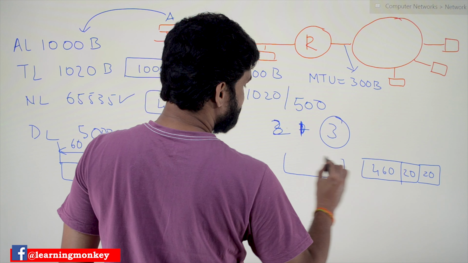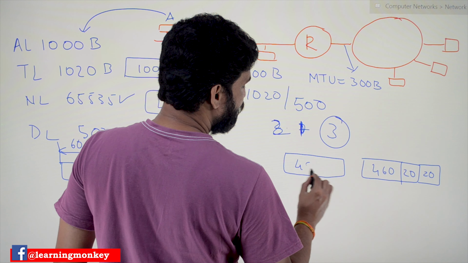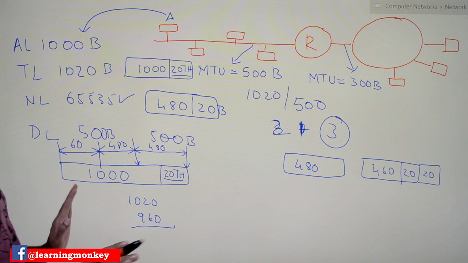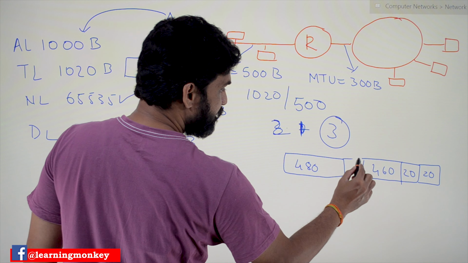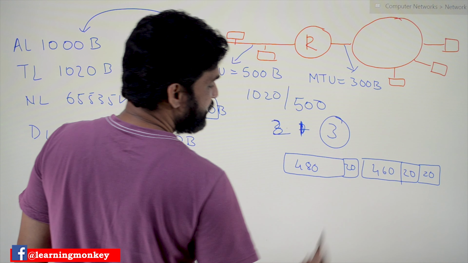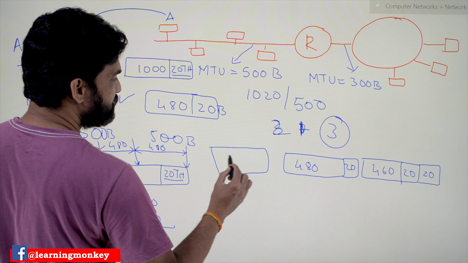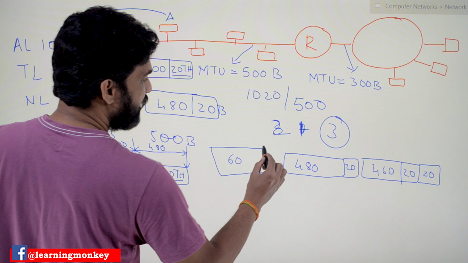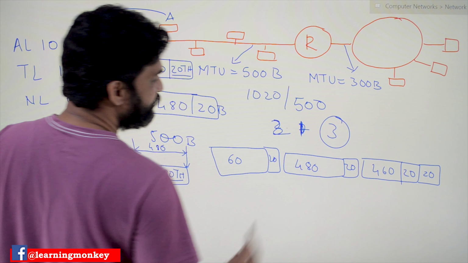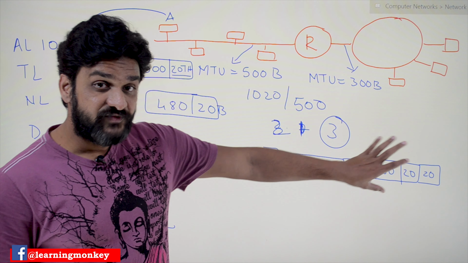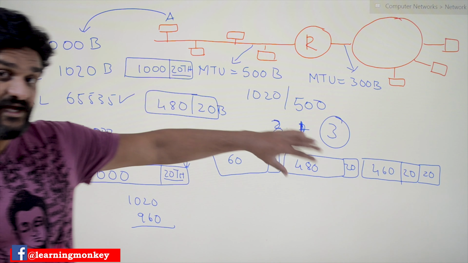The second piece is 480 bytes of actual data, and to that a network layer header of 20 bytes will get added. And the third piece is 60 bytes, and to this a 20 byte network layer header will get added. So these are the 3 pieces that we are going to get at the network layer.